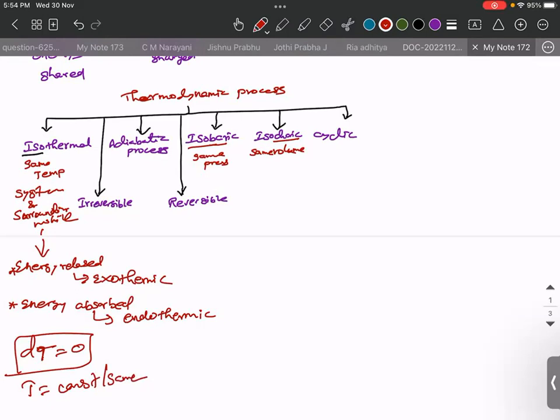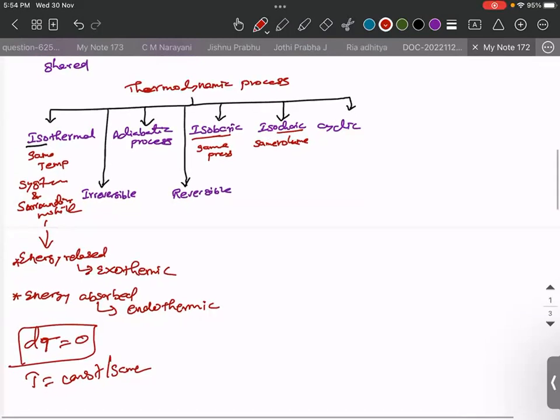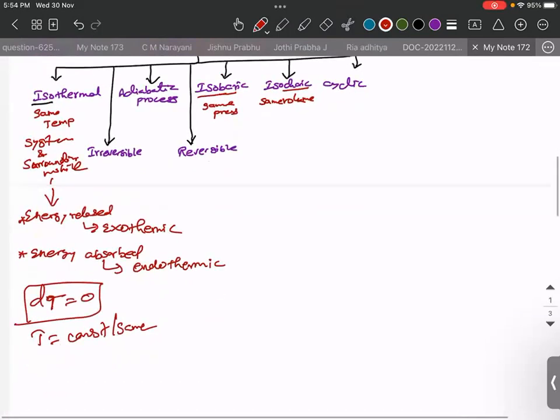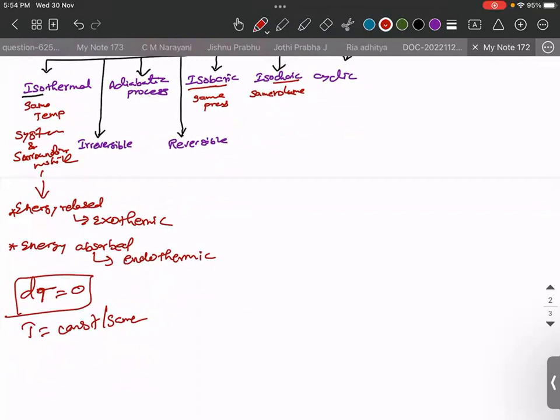So when you have a gas, what is the gas equation? What is the ideal gas equation? PV is equal to nRT. P is the pressure, V is the volume, R is the gas constant, T is the temperature, n is the number of moles, right?